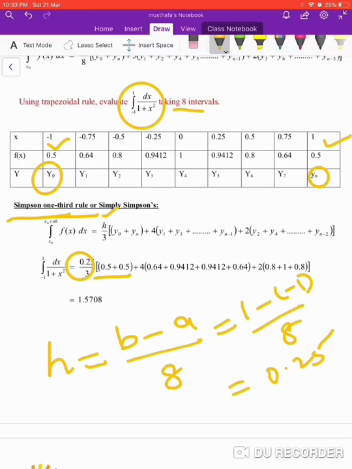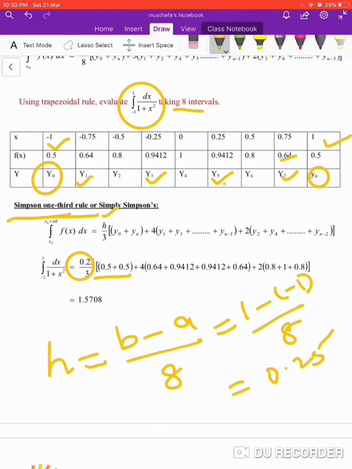So odd entries are y1, y3, y5, y7. We have 4 odd entries in our given table. y1 the value is 0.4, y3 is 0.9412, y5 is 0.9412 and y7 is 0.64, multiplied with 4, plus 2 times the even entries.